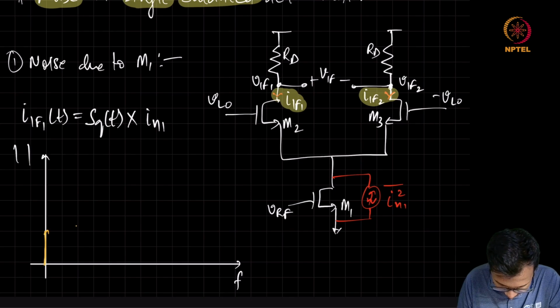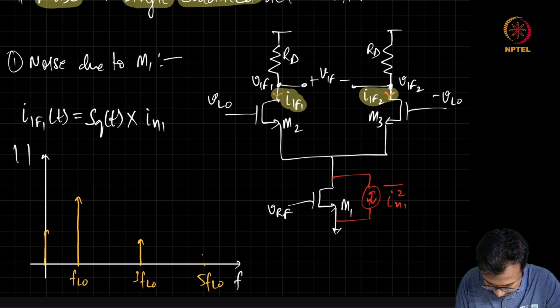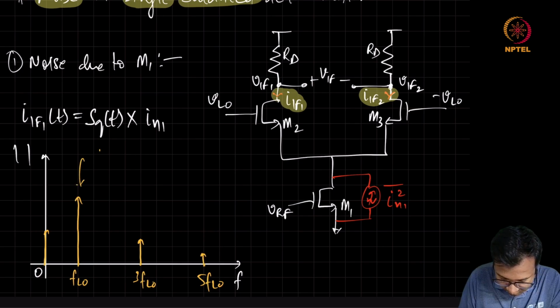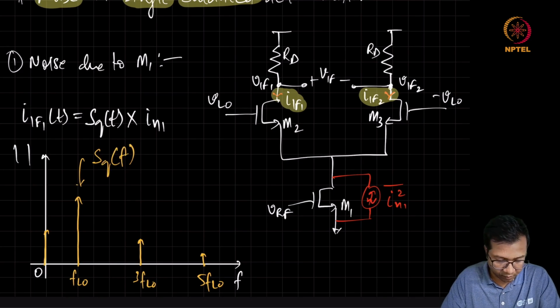Then we have the fundamental component. Then we have a third harmonic, then we have fifth harmonic. Frequency spectrum of square wave.